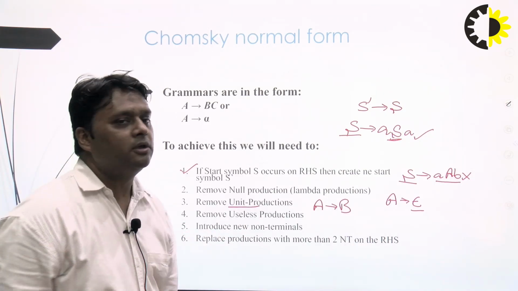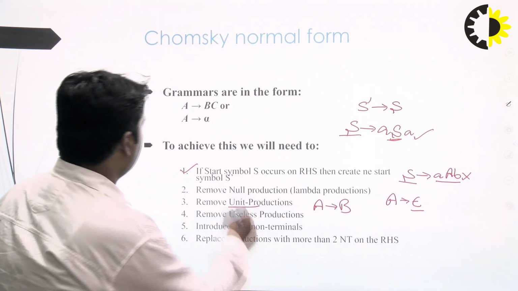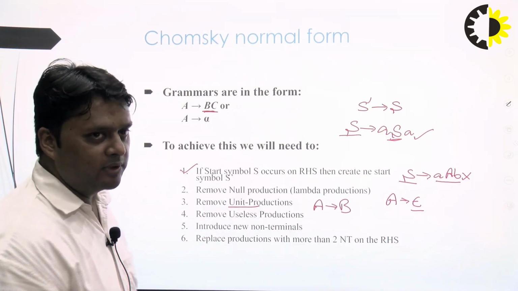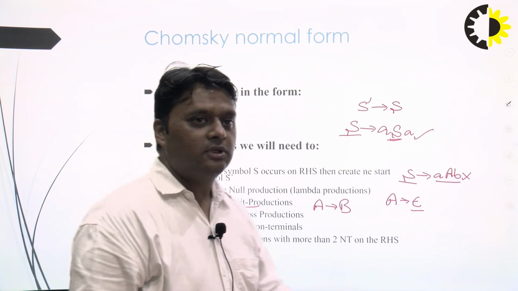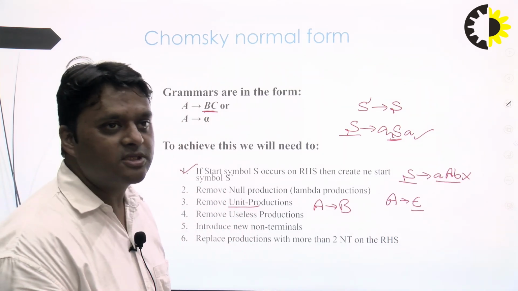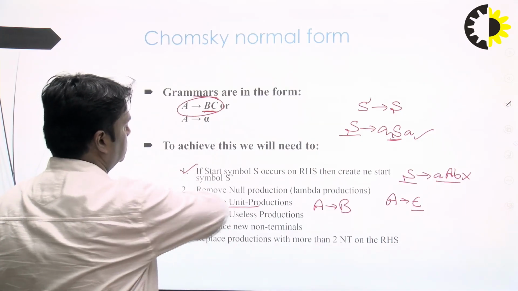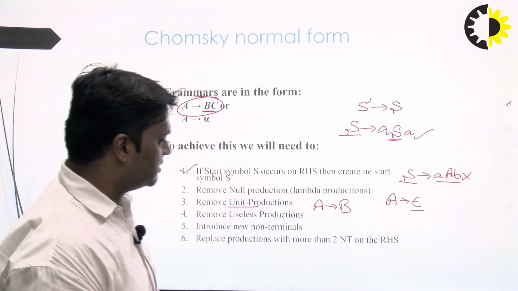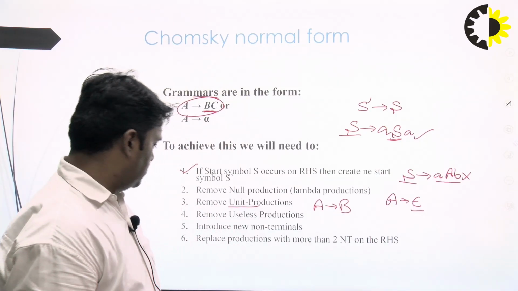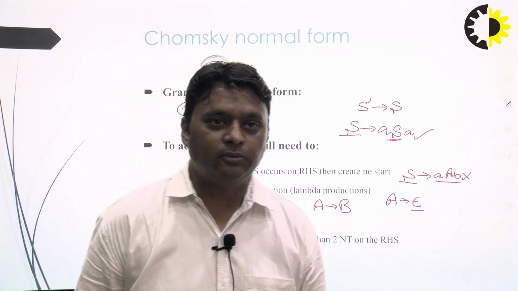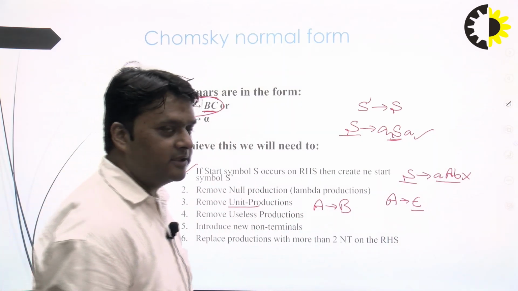Introduce new non-terminals, because we have to put the grammar in this form, meaning two non-terminals, so we introduce new non-terminal symbols to convert any context-free grammar into this form. The next step is to replace productions with more than two non-terminals on the right hand side.